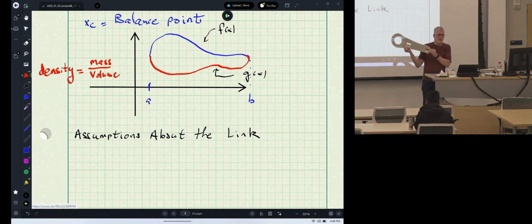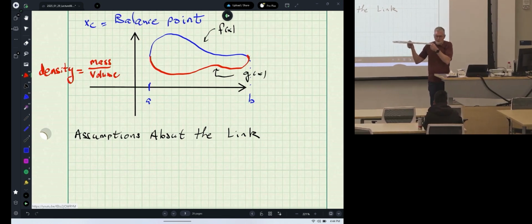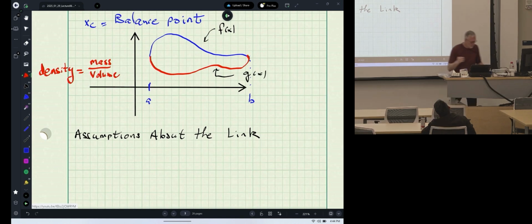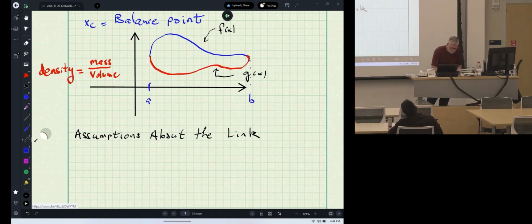Now, if you just look at this, all you see is area, there is no volume. But if you turn it sideways, it's a thin plate, right? Small thickness. And even though it's not uniform, I'm going to pretend this is a uniform thick plate.